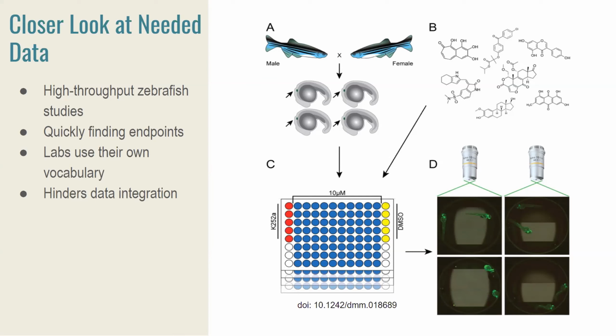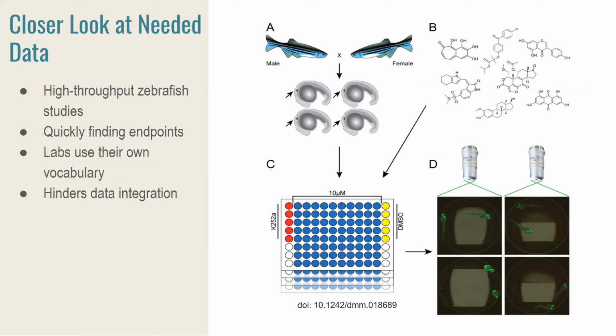And so we first wanted to start by taking a closer look at the data that we need. One of these types of data is high-throughput zebrafish studies. I don't have to go into too much detail with this crowd here, but high-throughput zebrafish studies is where you expose an embryo to a chemical, and then you just look at the endpoints.